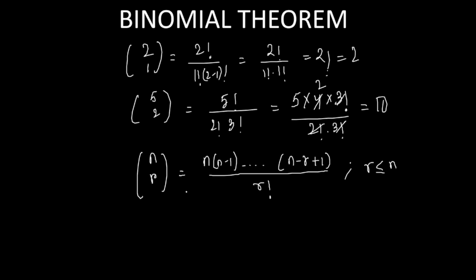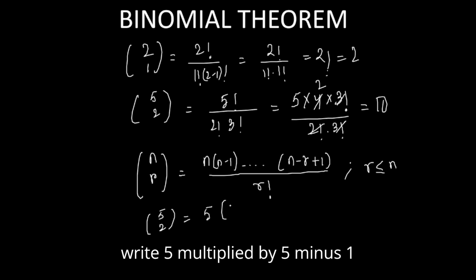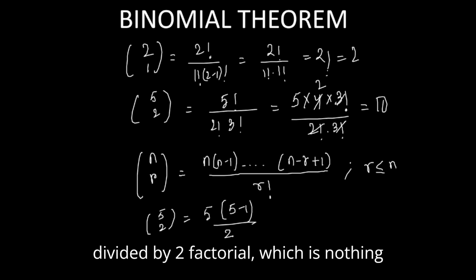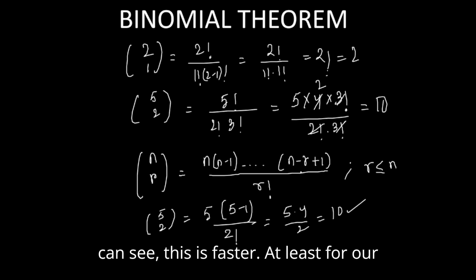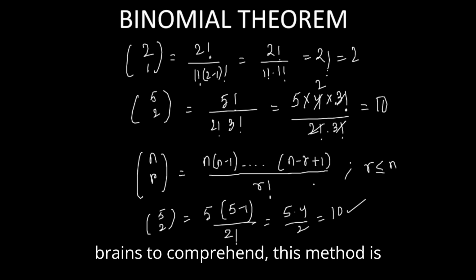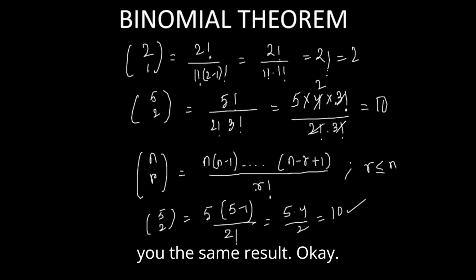In that method, for 5C2, we could simply write 5 multiplied by 5 minus 1 divided by 2 factorial, which is 5 times 4 divided by 2, which is 10. As you can see, this is faster, at least for our brains to comprehend. But all of them will give you the same result.